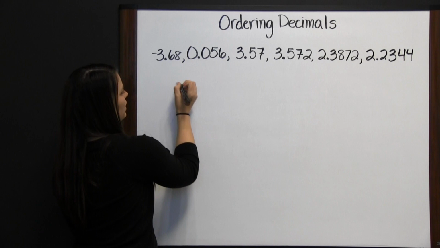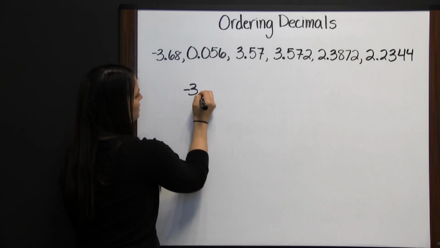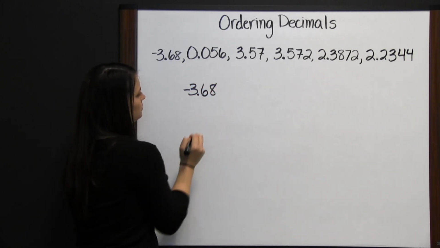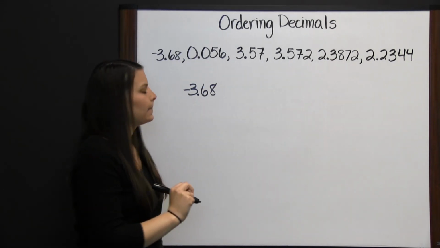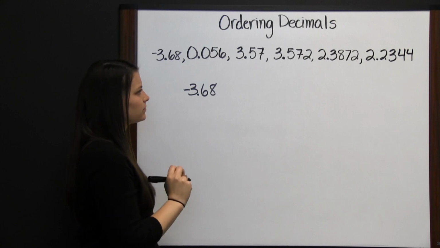So -3 and 68 hundredths would be our first decimal, least to greatest.